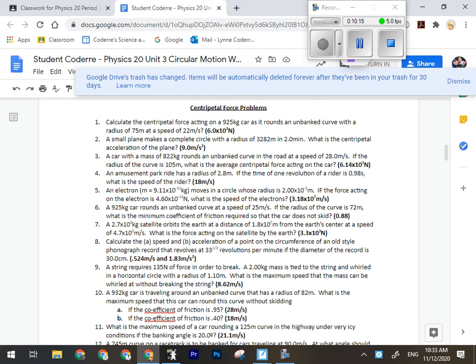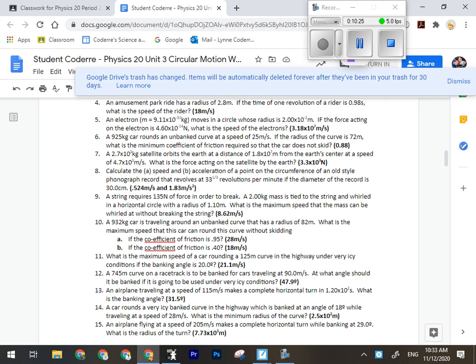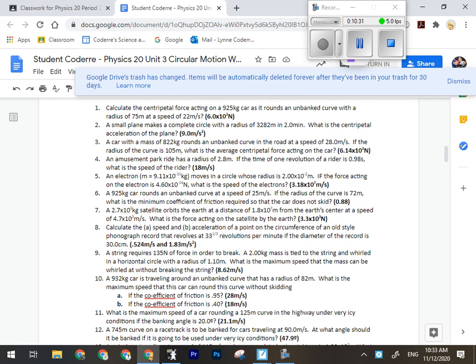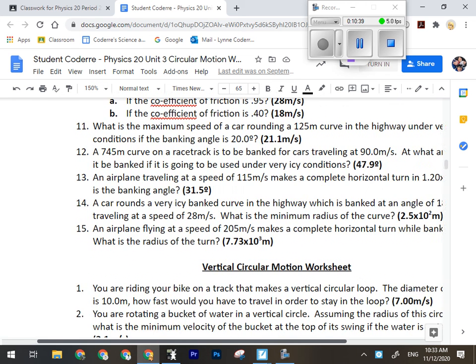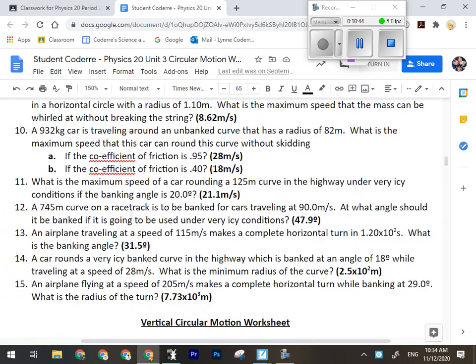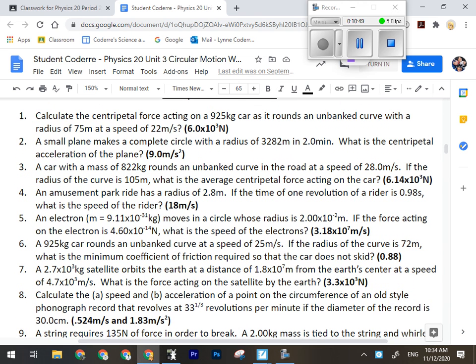And then it gets a little bit more into thinking them through by the time you get to question 9. But they're all basically banked and unbanked curves until we get to vertical circular motion. So if you can be working on those, I'll make those a little bit bigger in case you're using them off the board here. If you're having trouble, just let me know and I'll come and help you.